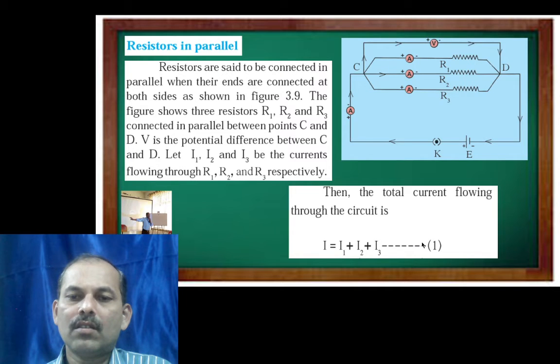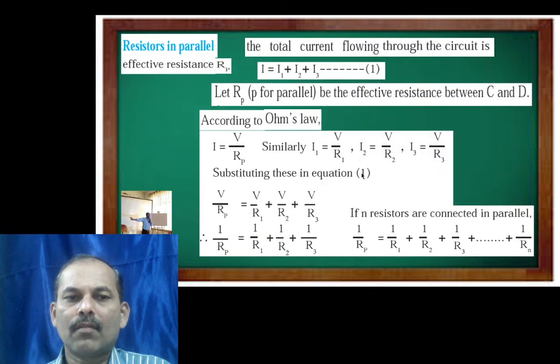Suppose this is equation 1. Then the effective resistance Rp equal to... you have to calculate the effective resistance of these resistances which are connected in parallel.